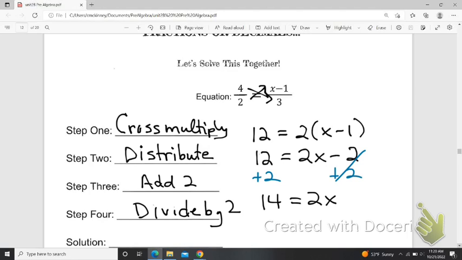My brain is ahead of me a little bit. So we get 7 is x, or x is 7. I could write it on either side. Okay, so we're taking that concept that we know about proportions and solving for the unknown. The problem just turns into a multi-step equation.